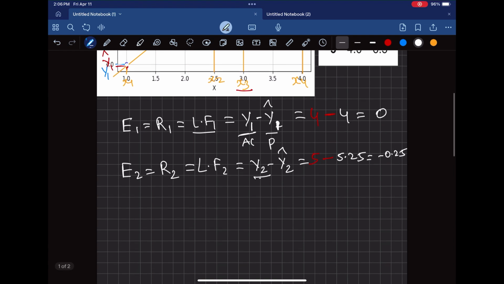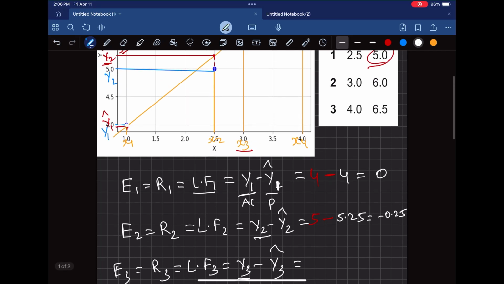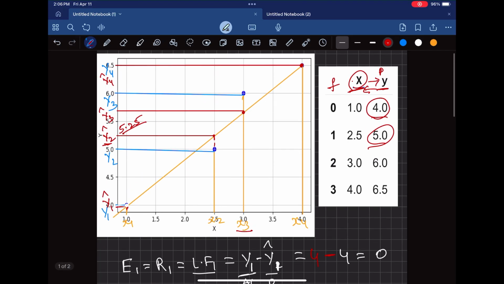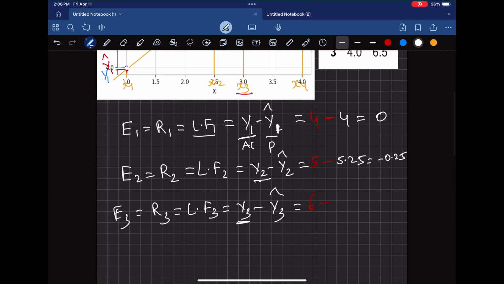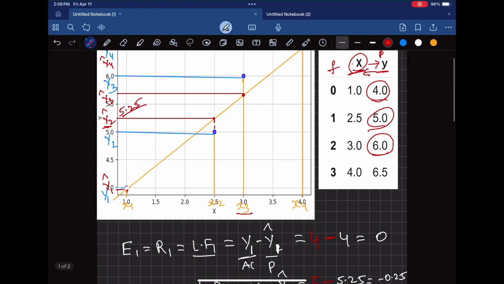Now error 3 equals the third residual, equals loss function 3, equals y3 minus y3 hat. The y3 observation is 6. So 6 minus the predicted y3. You can see that at x3, the line touches here. This is the predicted one.